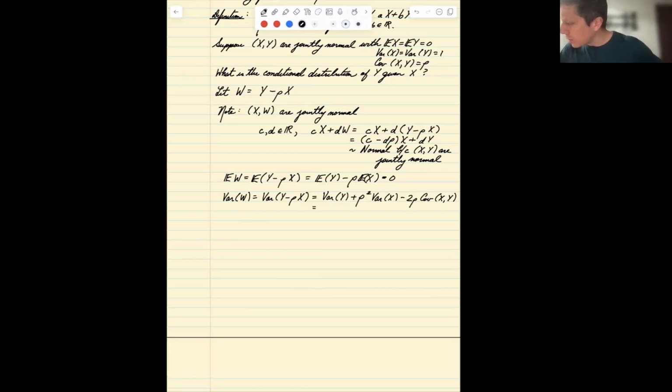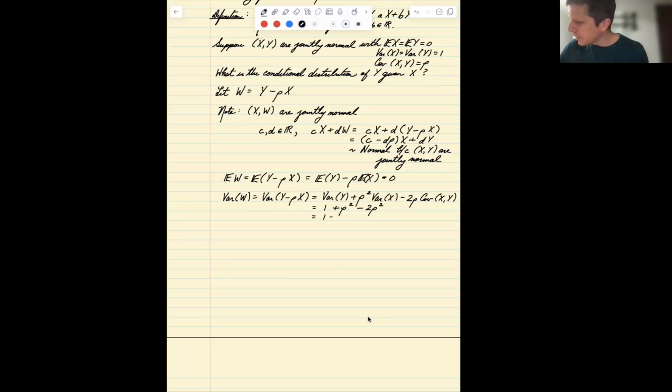The covariance of XY is rho, and the variances of X and Y were assumed to be 1, so it's 1 plus rho squared minus 2 rho squared.